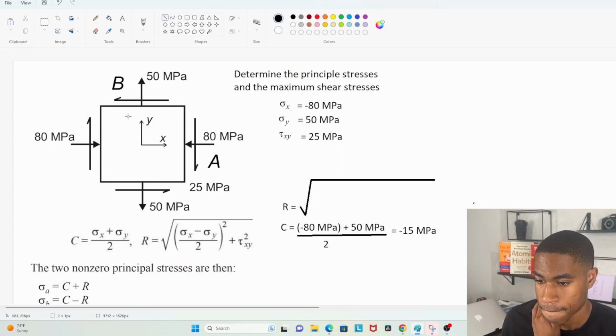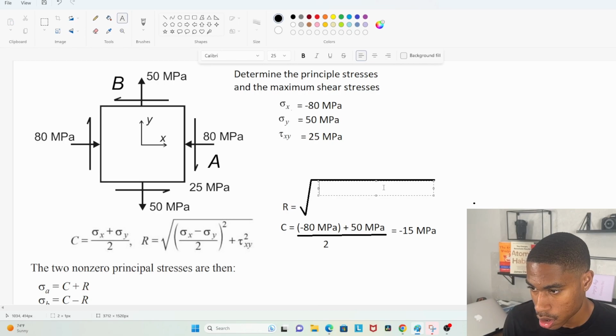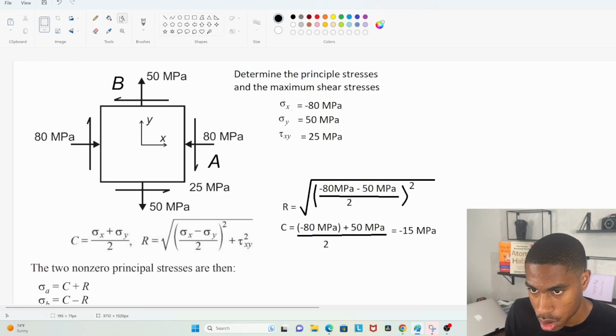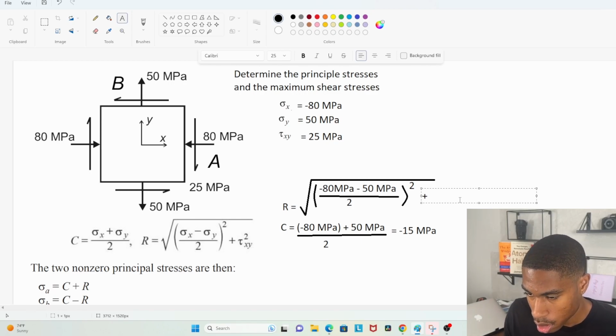Sigma x again is negative 80, minus our 50, and then we're going to divide it by 2, squared, and then plus, what's our tau XY?